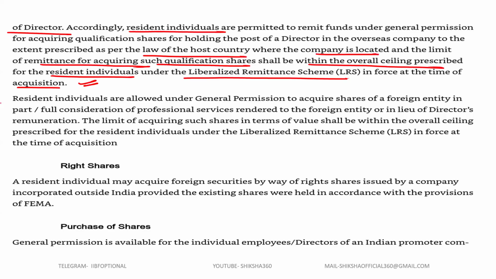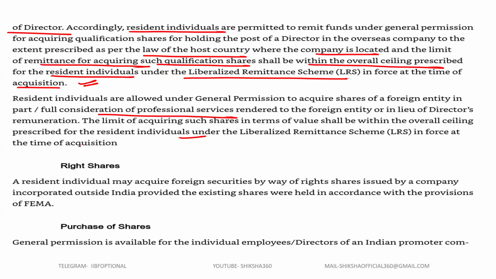So resident individuals are allowed under general permission to acquire the shares of the foreign entity in part or full consideration of professional services rendered to the foreign entity, or in lieu of director remuneration.